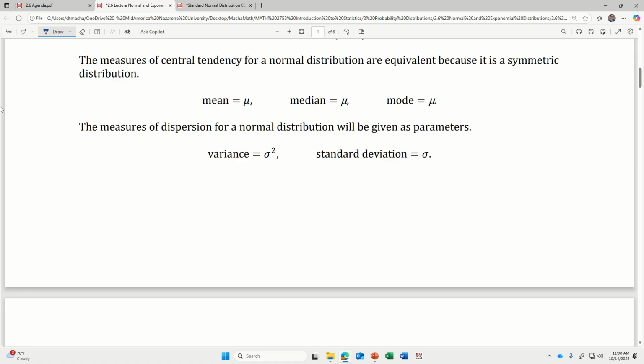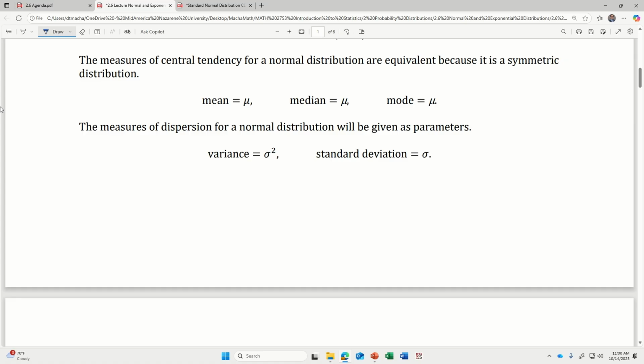Whenever I tell you that a random variable is normally distributed, I'm going to give you the mean and the standard deviation in these types of problems. What you should know is that for a normal distribution, the mean, median, and mode are going to be exactly the same number because the normal distribution is symmetric.